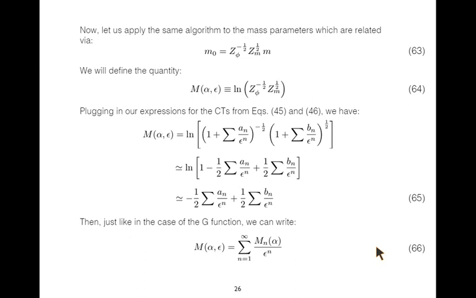You can write down the function, and it just looks like that. All right, so you can pull out the dependence on the sum over epsilon n and define some new function that just depends on alpha. Okay, and that's what we're after. We want some coefficient of these poles.